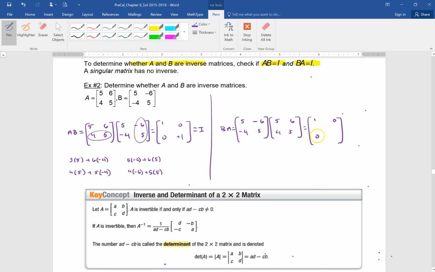Believe it or not, you get a 0 here. Believe it or not, you get a 1 here. So yes, A and B are inverses. It's 5 times 5, 25, plus negative 24.